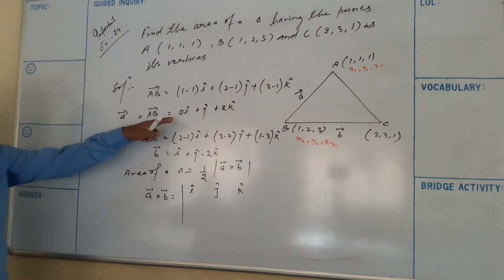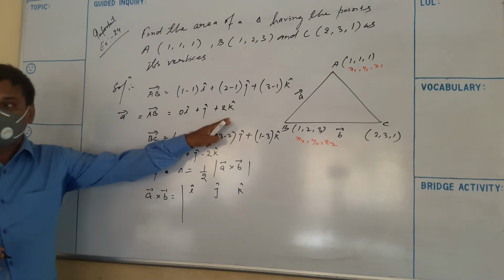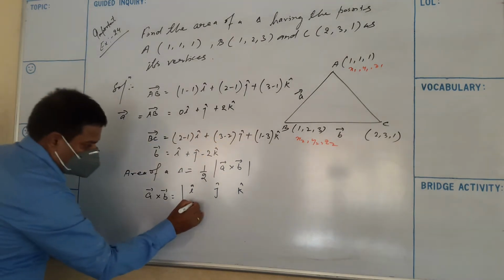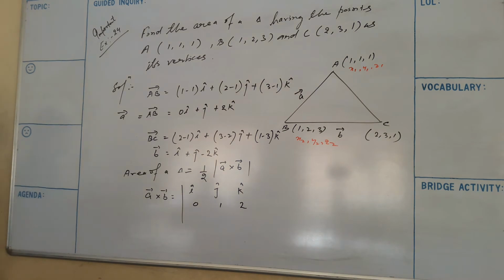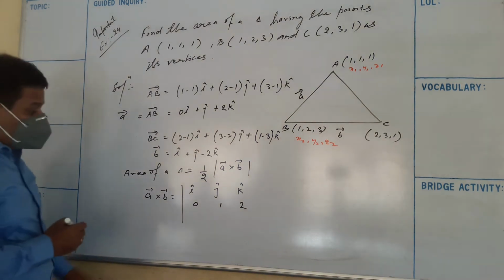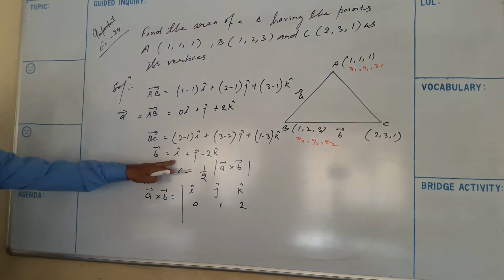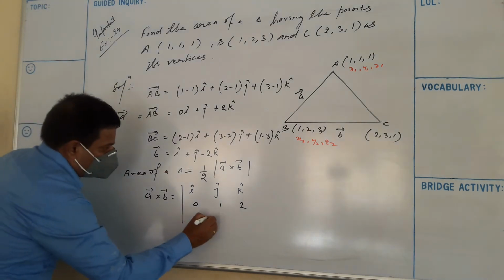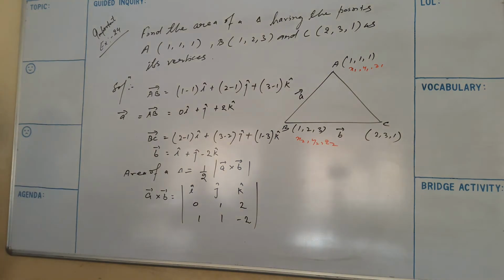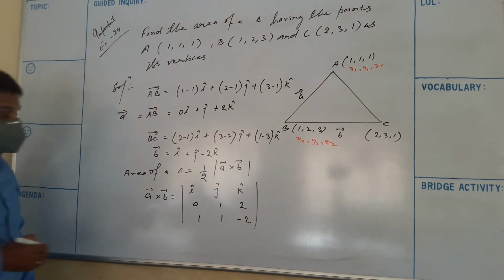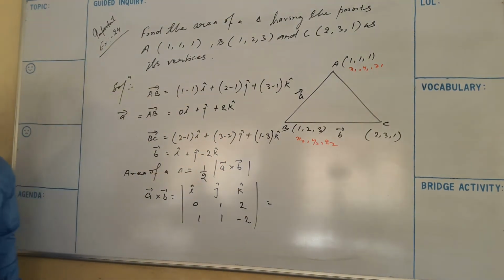The components of vector A are 0, 1, 2. Vector B is 1, 1, minus 2. Any doubt? Now find it, multiply.